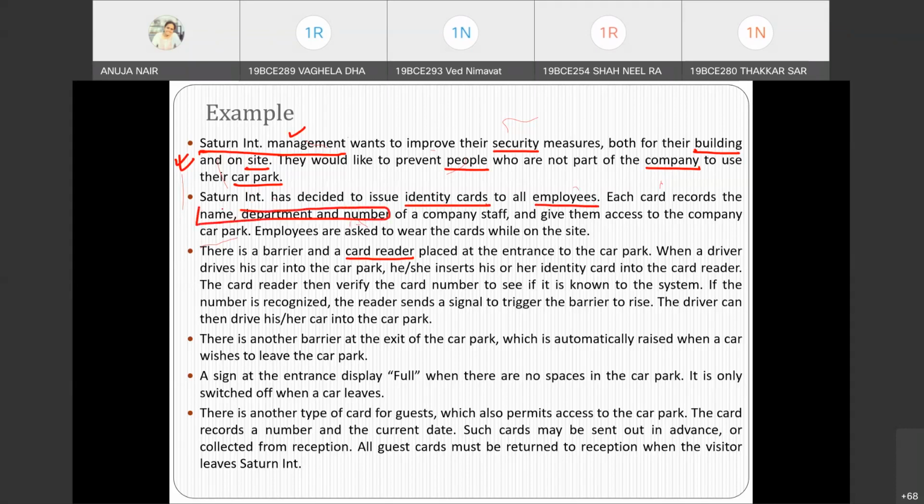I can directly get the attributes from here. These are the attributes of card. Right? Then you have staff. Company staff. Right? Car park is already there. Anything else in the second statement?